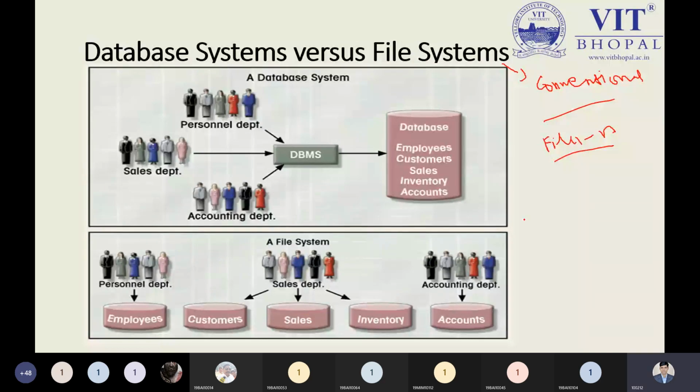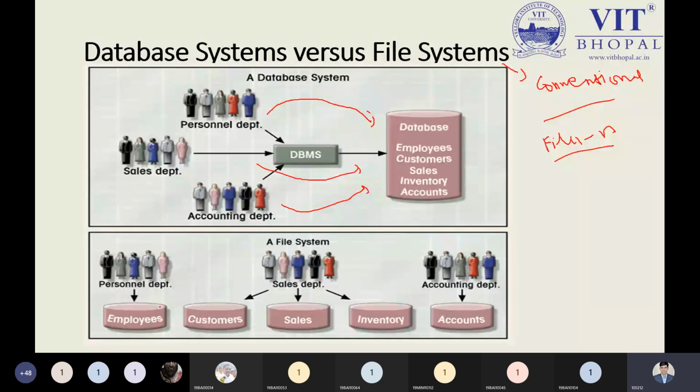But you can see from this picture, in a database system, the personnel department is connected to the database management system. So what is the role of the database management system? It integrates all the records into a single part. But in the file system, we have different files.